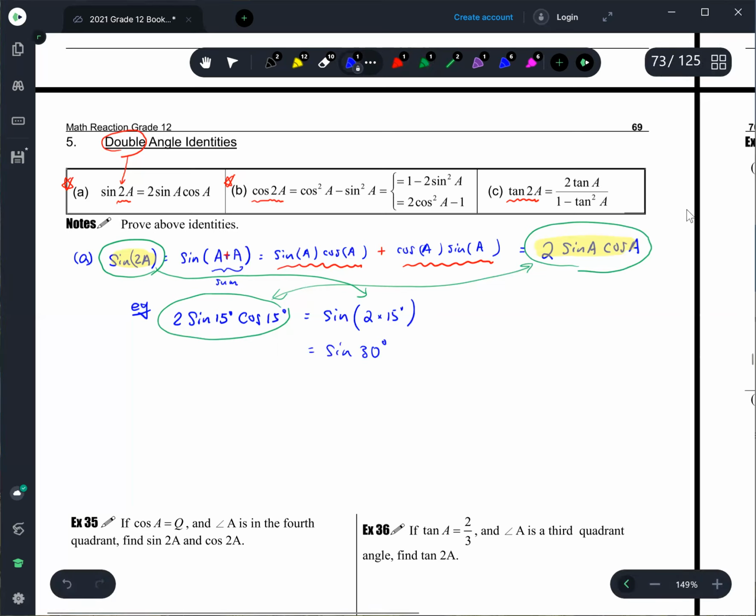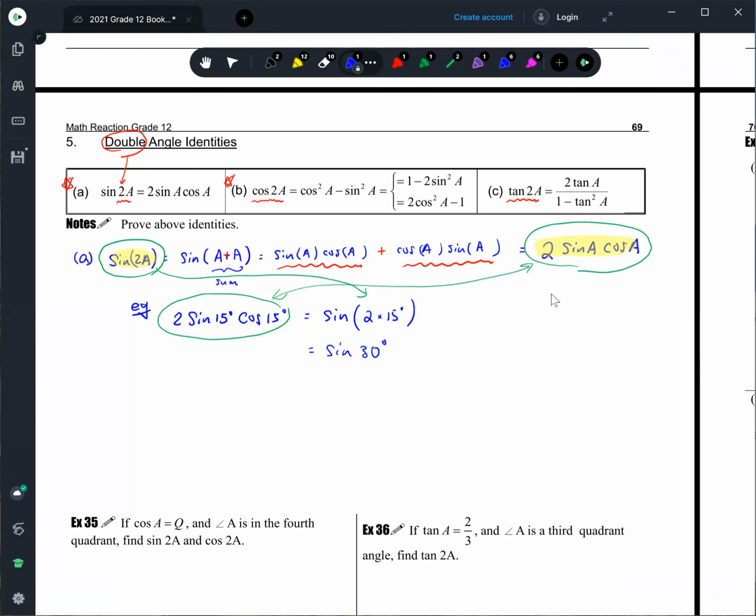Any questions? Claire, Evan, Joseph, Nick, and Susan? Even though we started with sine 2A, the question will be given as 2 sine A cosine A, and then you make it double. So it came from sine cosine.